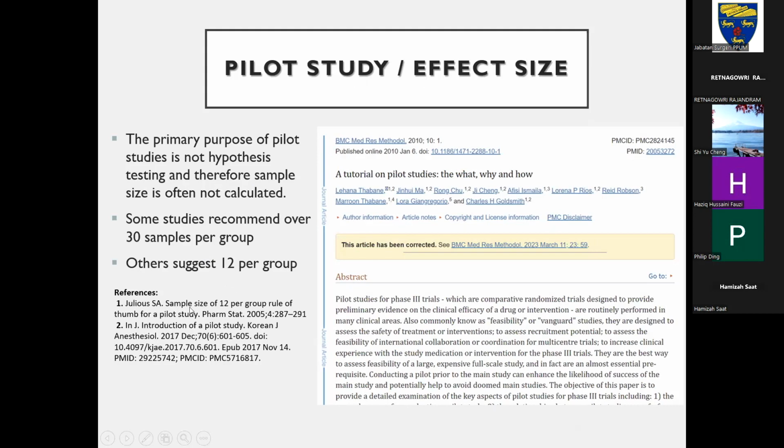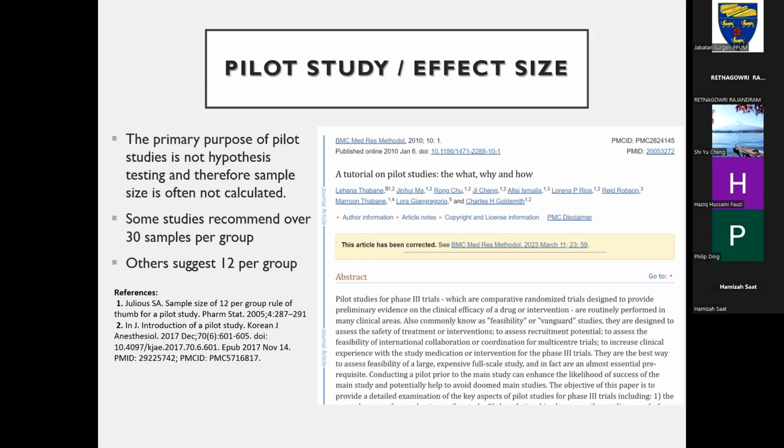Some do say 12, but depending on your feasibility, that means how many you can actually collect, you can either go with 12 or 30, and you reference these 2 papers and say that you're doing a pilot study, and based on my pilot study, I'm going to go with 12 because of this reason. You justify and say this is the rule of thumb which has been published by these authors. Okay, and that's why I'm going with 12 per arm or something like that.